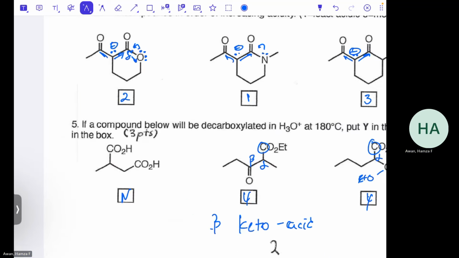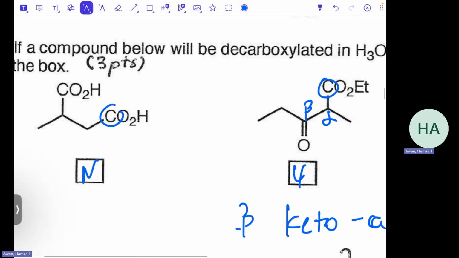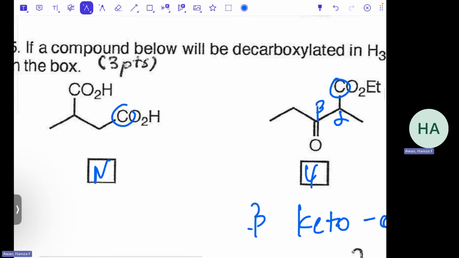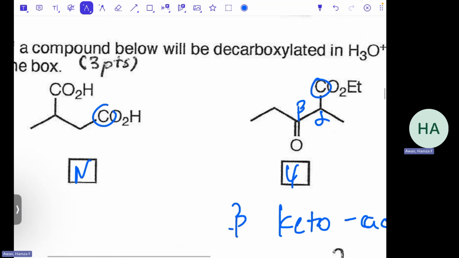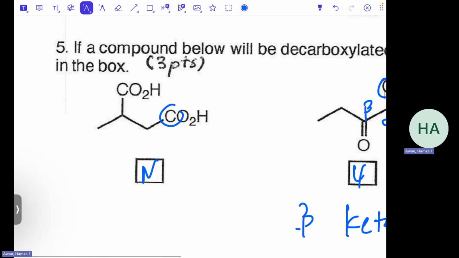Whenever we look at this, we can go either way. We want a beta keto ester or a beta keto acid, which means we want on the beta position a C double bond O, a carboxyl group.